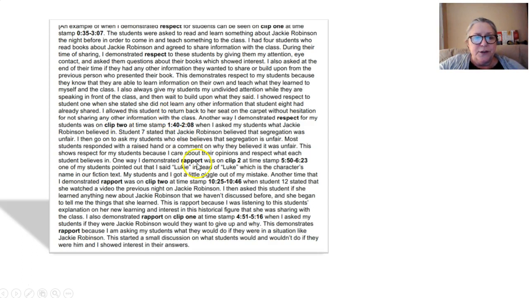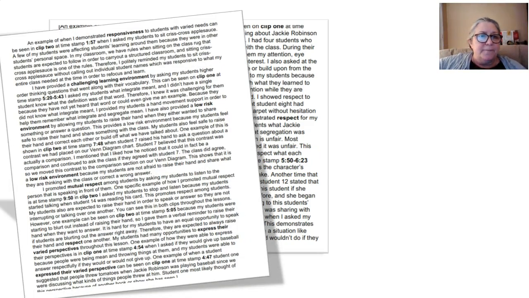Clip 2, respect. So as a scorer, I immediately can look and say, oh, I can go look here at clip 2 and see rapport. And so it's just an excellent example. Here's the rest of it, because as you know, it's about 5 paragraphs long. Prompt 2 is, I demonstrated responsiveness.